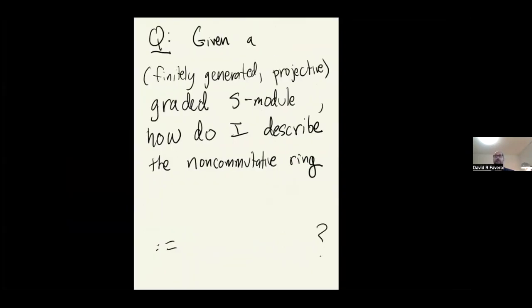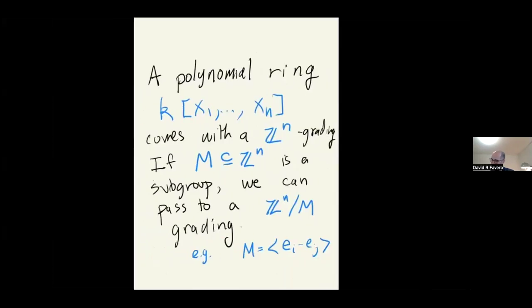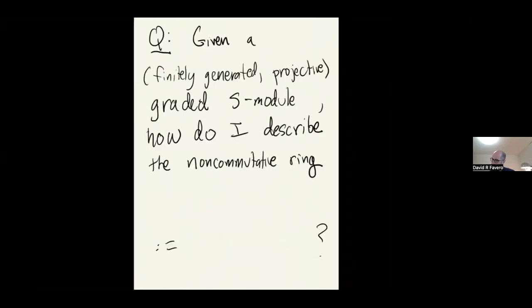So I want to ask myself the following question. If I give you a finitely generated projective graded S-module, where S is this polynomial ring, let's call that module P, how do I describe the endomorphism algebra of P?